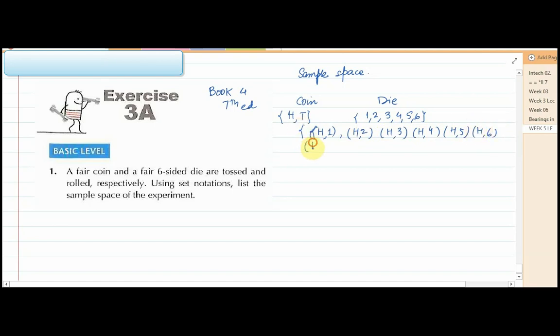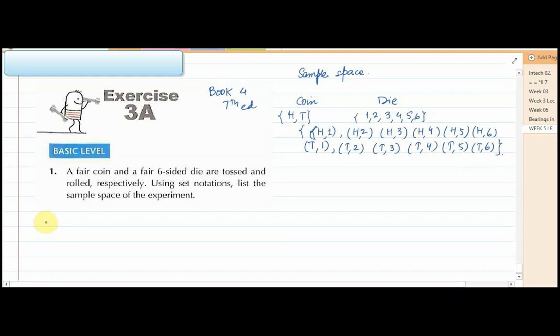Likewise, you can get tail and 1, tail and 2, tail and 3, tail and 4, tail and 5, tail and 6, right? So this is the sample space that was asked in the question. That is your answer. Simple.